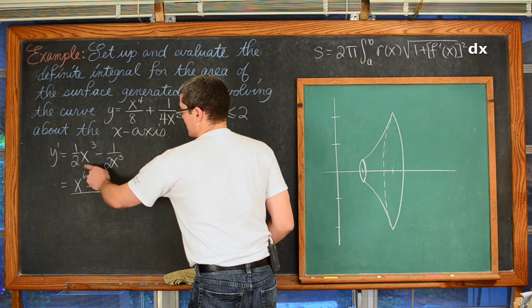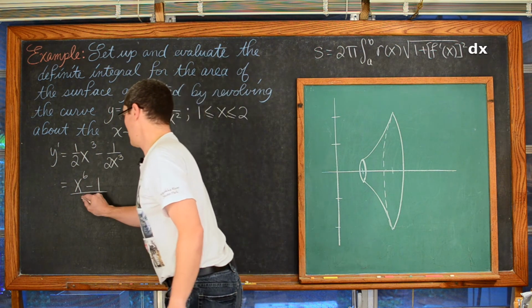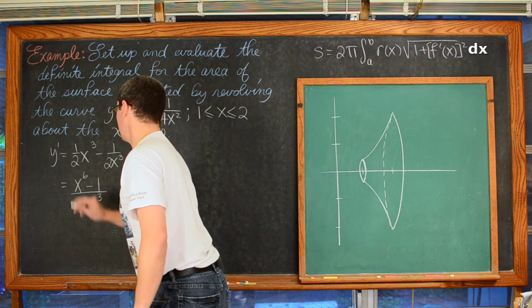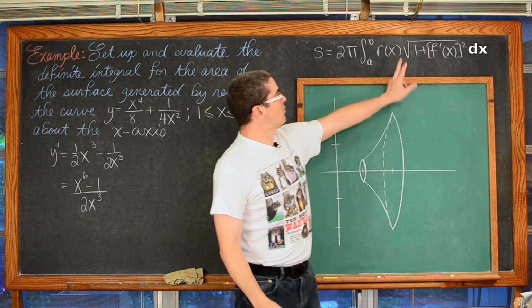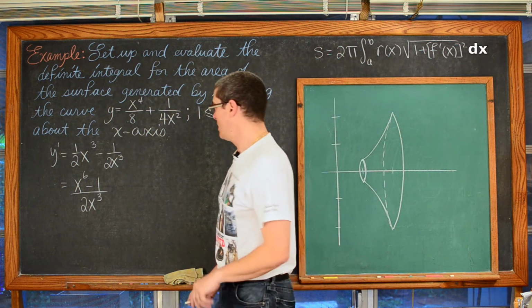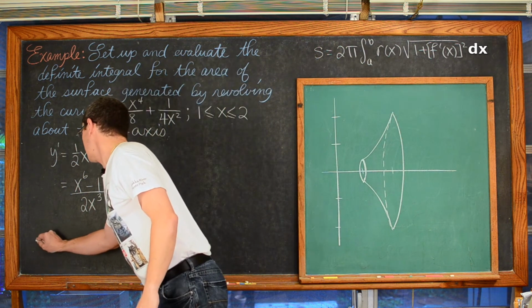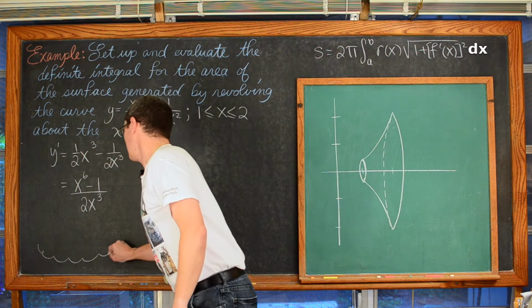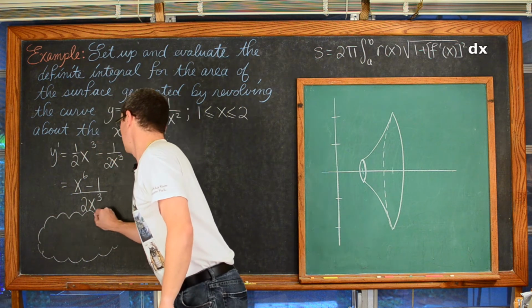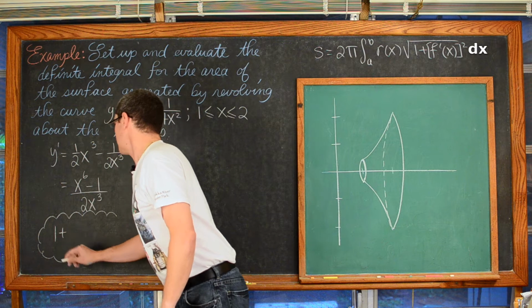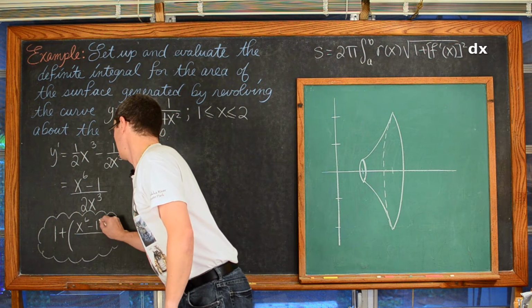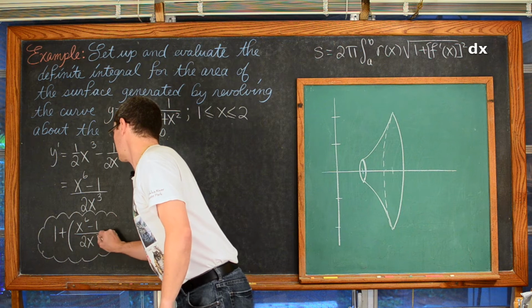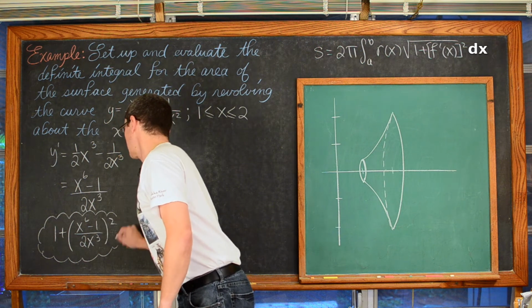I had to multiply by x cubed, and we already have a 2. And now I need that 1 plus x to the 6th minus 1 over 2x cubed, squared.